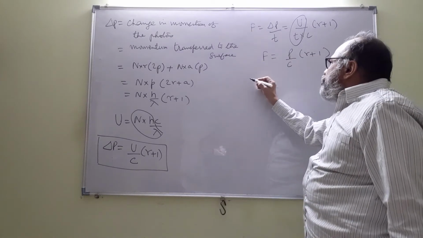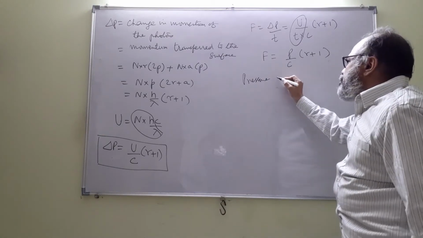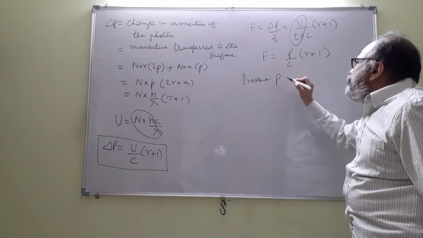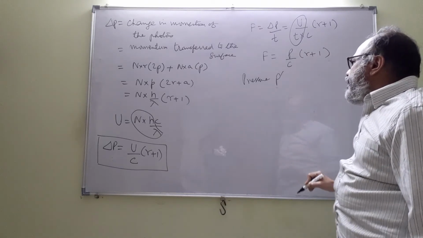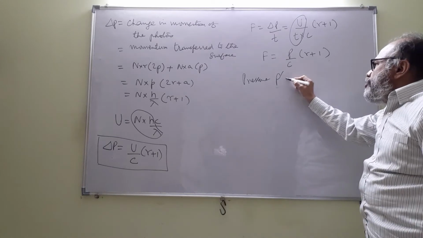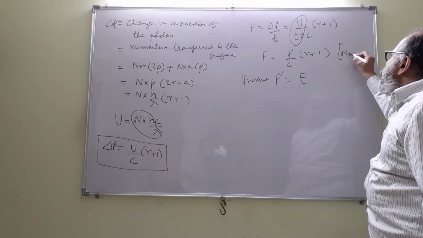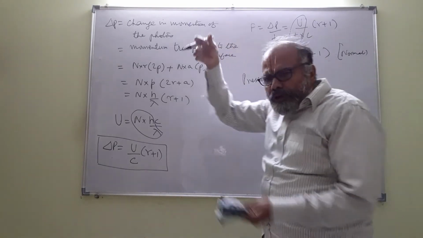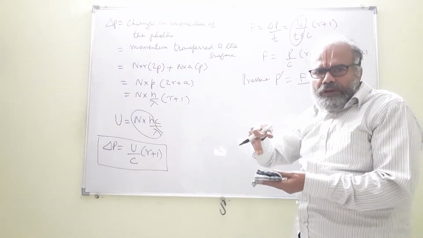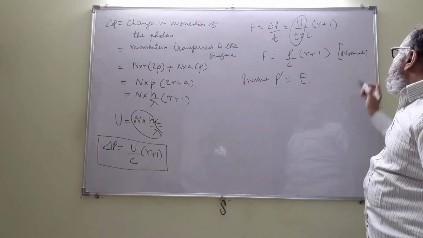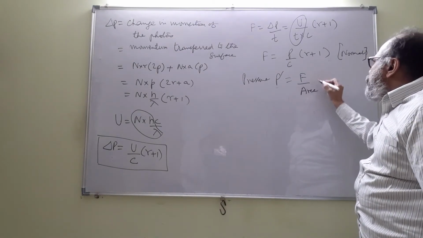What about the pressure? The pressure, since P is the power, I'll call this P dash. The pressure P dash will be the force, normal force. Remember, this force is the normal force. It acts normal to the surface. The incident energy is also normal to the surface, so the force is also normal. The normal force divided by the area.